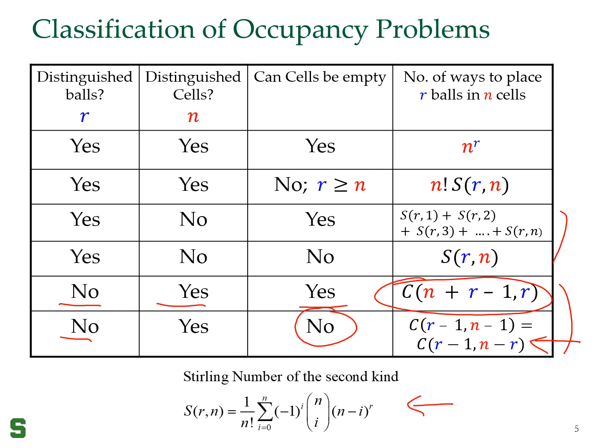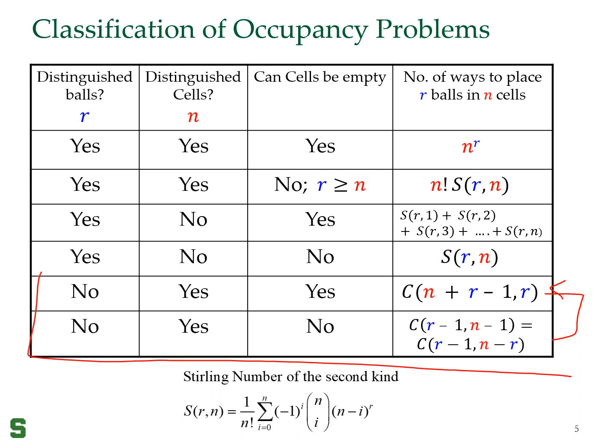And now you are left with fewer balls, and you can now put them any way you like, and you don't have to put any extra balls in any of the buckets because each one already has one ball. So essentially that allows you to change the values of n and r, and to be able to solve this problem. I want you to do this problem to see why this actually works.